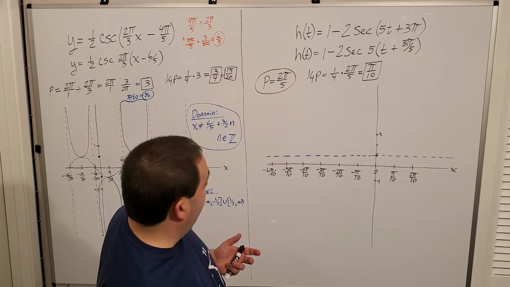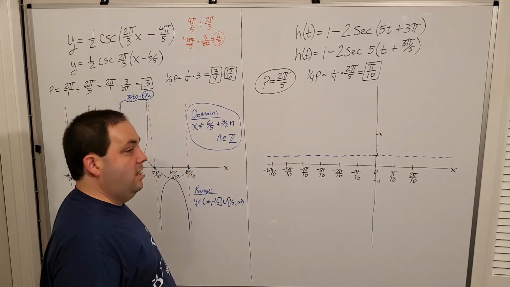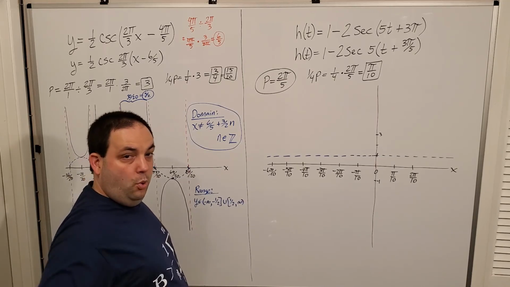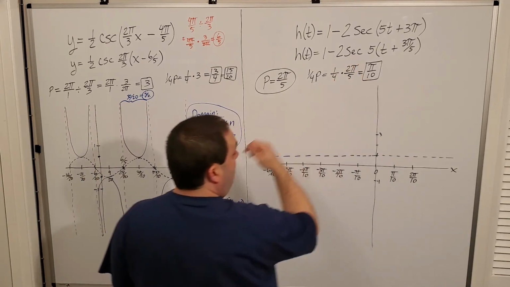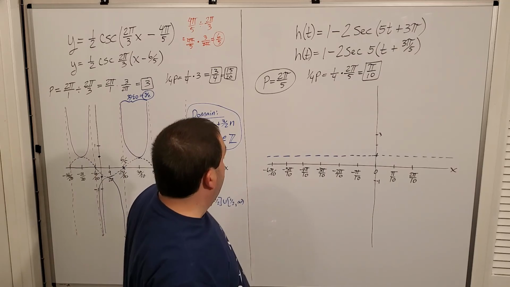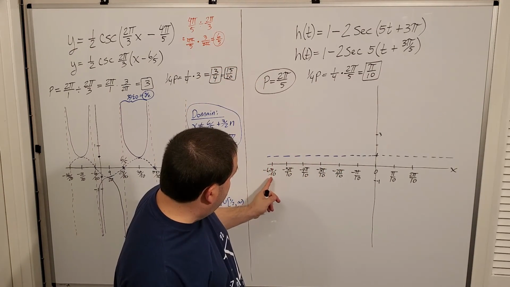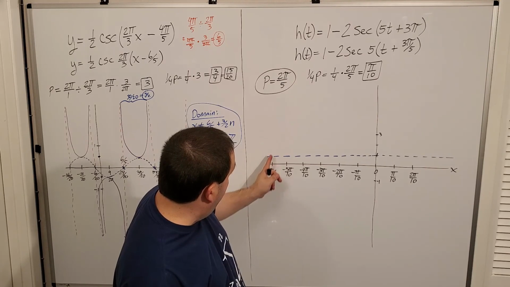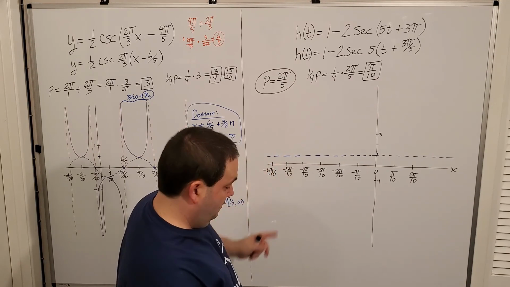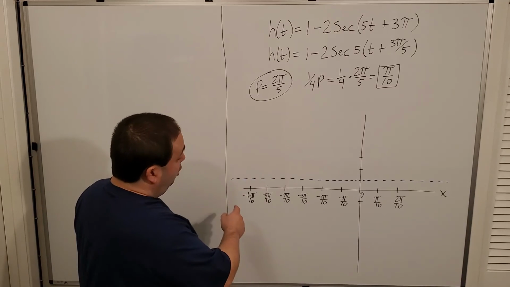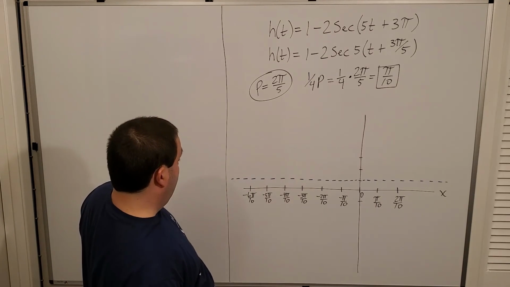Okay, so now I'm ready to put in the cosine portion, right? This is a secant, so I want to draw a cosine. And remember, for cosine, I start on a peak. My shift was to the -3π/5 right here. So that's where my cosine will begin.